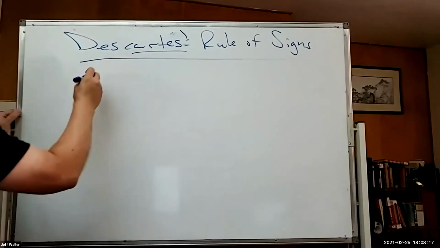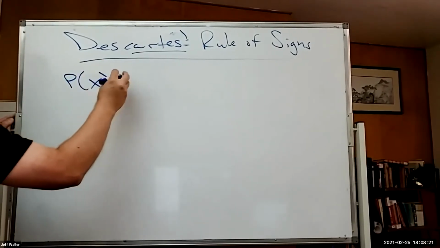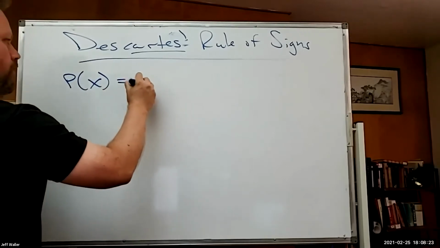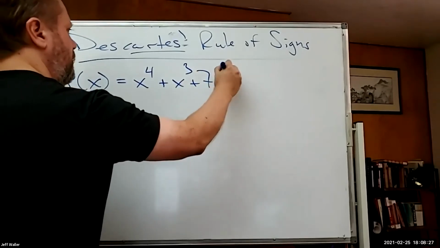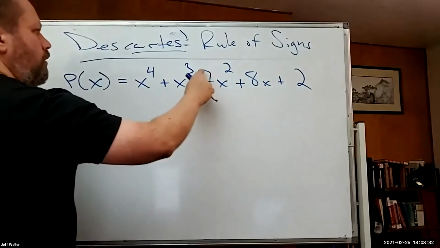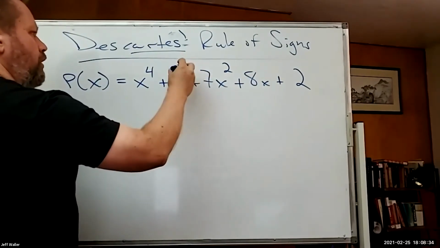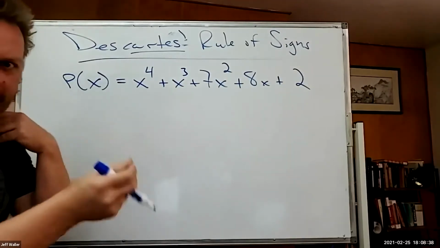Descartes' rule of signs is kind of a little weird. Here's the extreme example. See if you guys remember what we said about this. What's got to be true about things that make this zero? We talked about this yesterday.